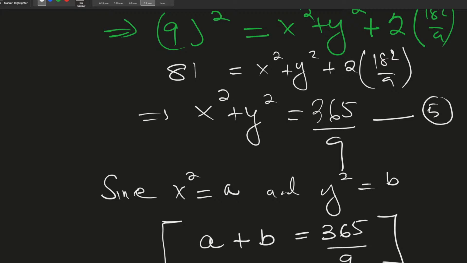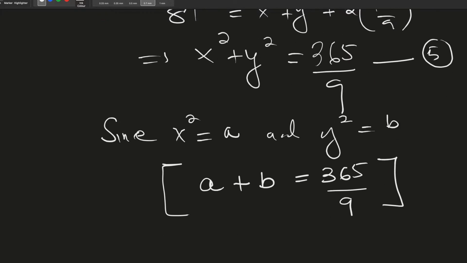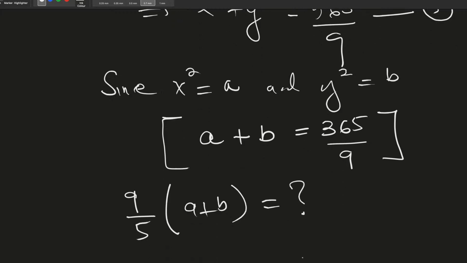So let's go back and pick the question. The question was: we should find the value of 9 divided by 5 into bracket A plus B. That was the question.